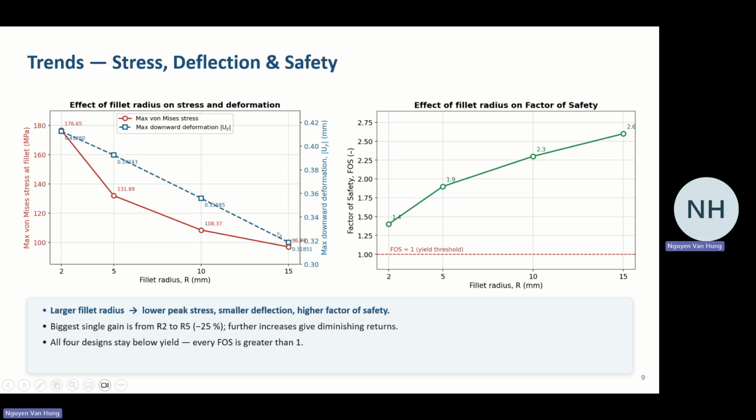The biggest single improvement is from R2 to R5, about 25%. After that, the gains get smaller, so there are diminishing returns. And every case stays above a safety factor of 1, so none of them yield under this load.